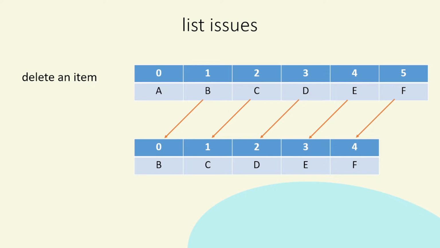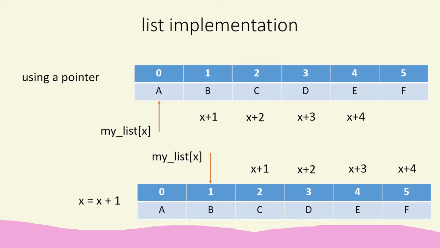Now, do we need to do that? In this example, we're just going to point to the place at the beginning of a list, and then we can point to the following values by adding 1 to the index. So we use X as an index and we point to A using X equals 0, and then we can point to the following items by just adding 1 to the index.